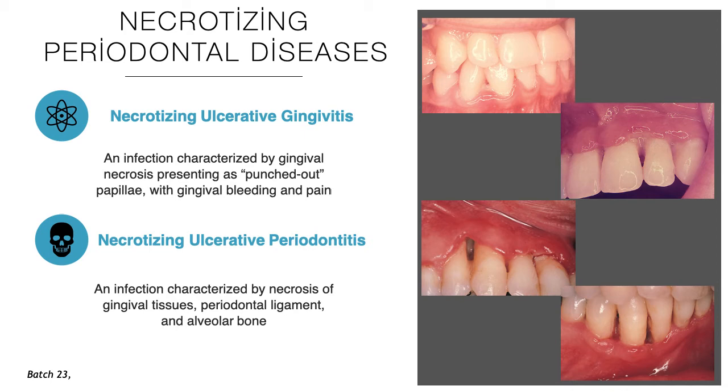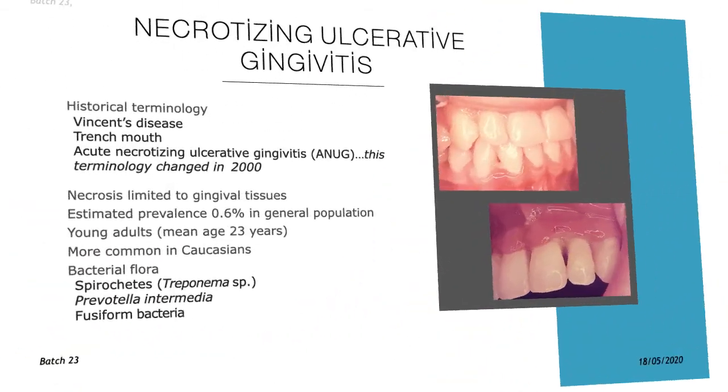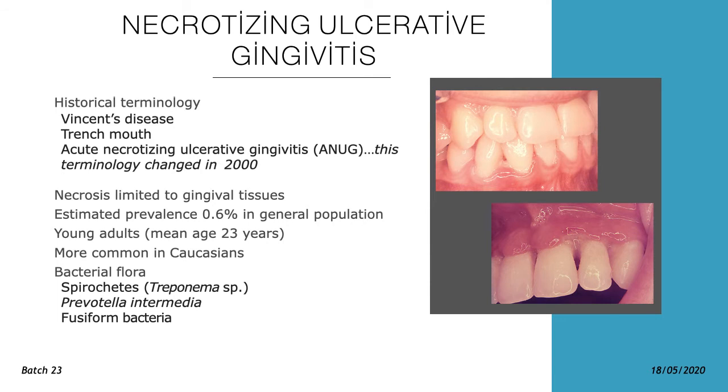We'll see the other names for necrotizing ulcerative gingivitis. It is also called Vincent disease, trench mouth disease, or acute necrotizing ulcerative gingivitis. The necrosis is mostly limited to the gingival tissue. The estimated prevalence is only 0.6% in the general population.